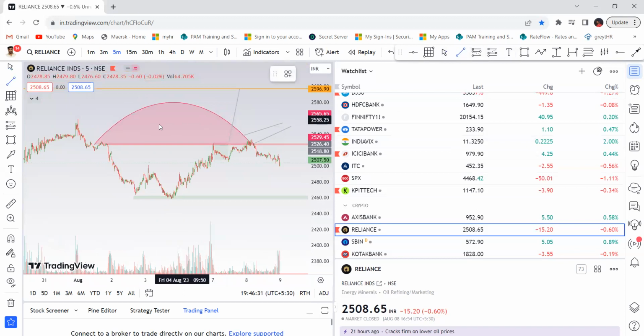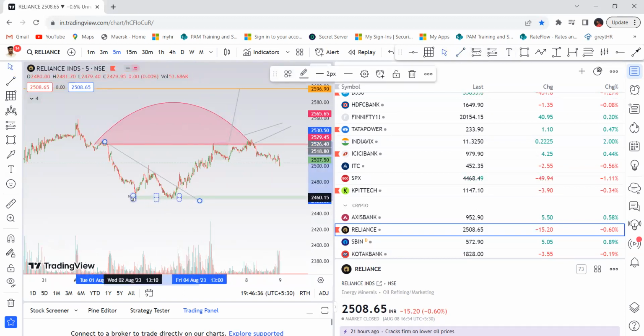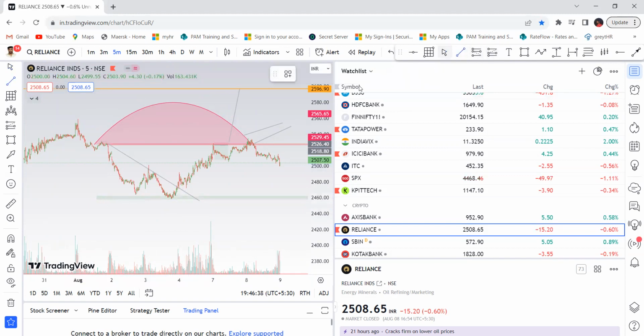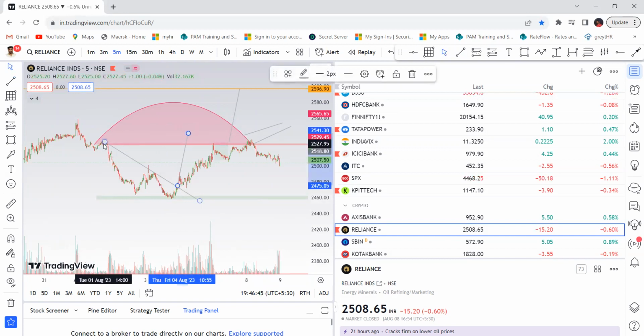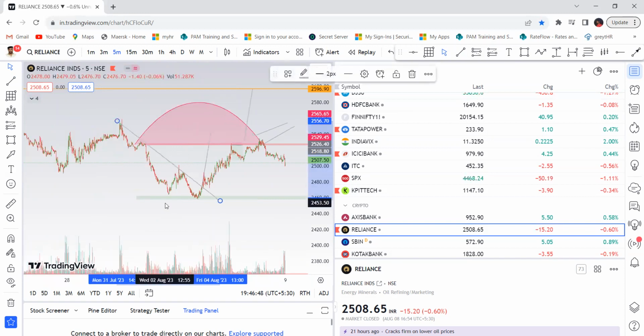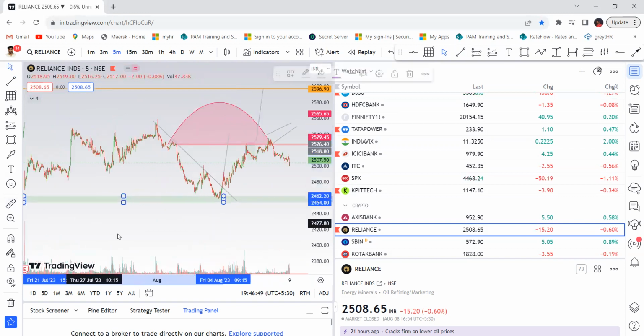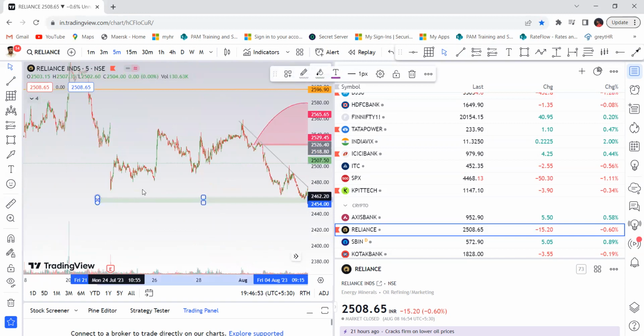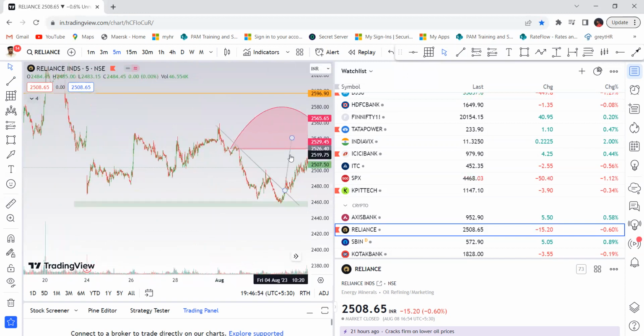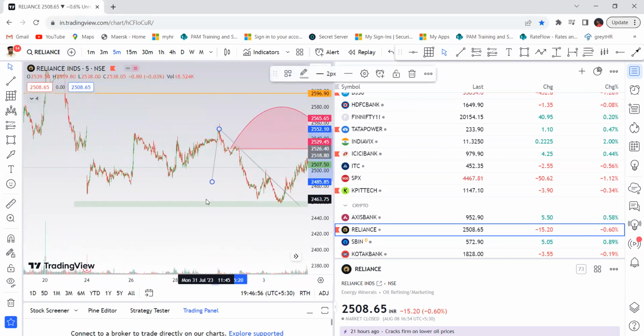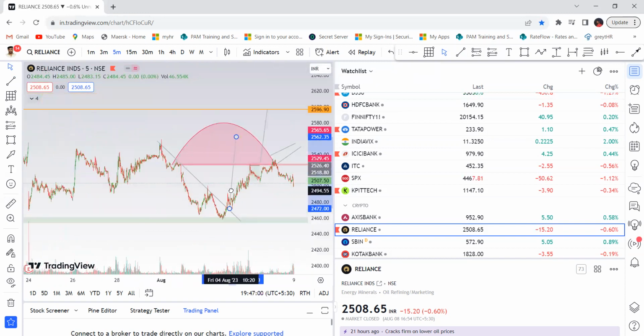Or if you see, it's a triangle pattern which I can see here, and the target which is expected is the length of this. So whatever way you look at it, the target keeps varying.